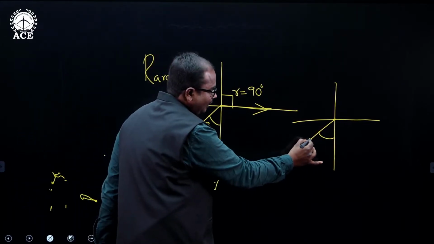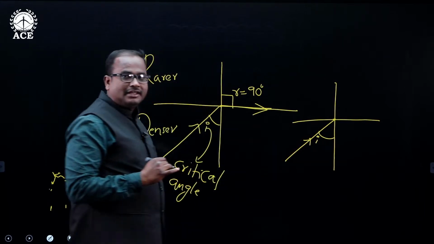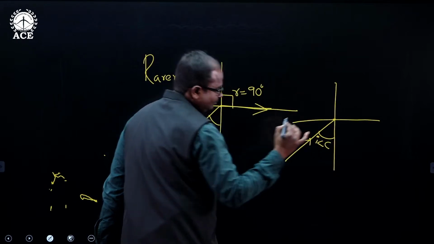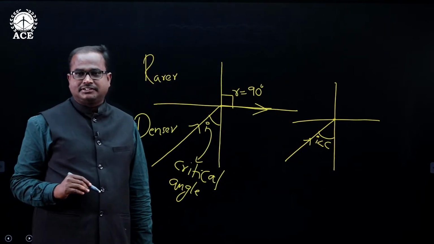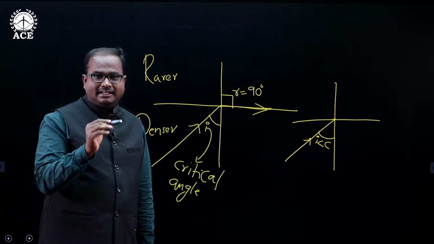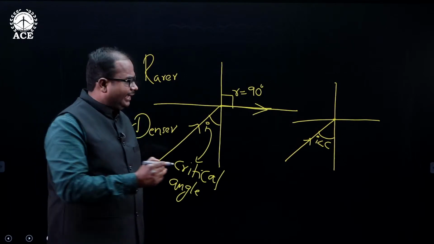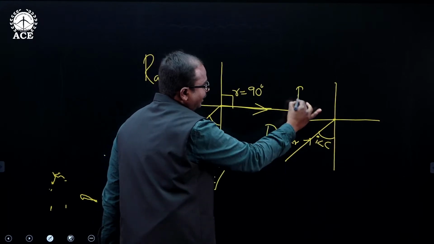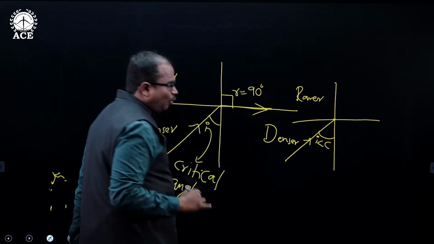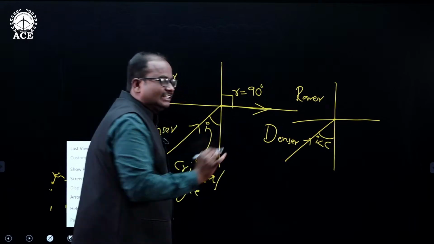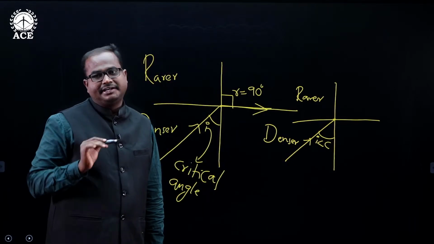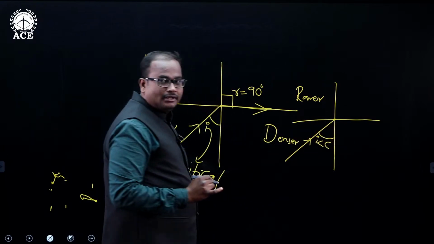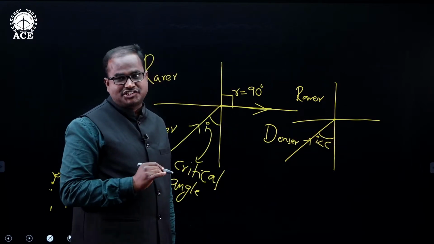Now I consider another situation where the light ray is traveling with an angle of incidence less than the critical angle. Again it is traveling from denser to rarer, but the only difference is that the angle of incidence is less than the critical angle. Then this light ray undergoes refraction.